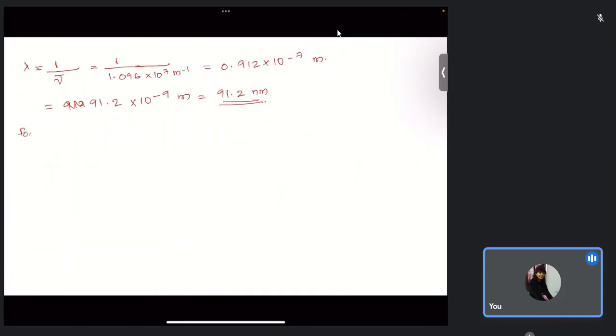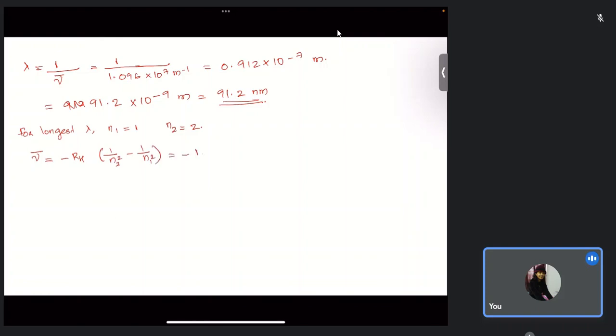For the longest lambda, n1 is always 1 because we are looking at the Lyman series, and n2 is 2. So nu bar is going to be minus RH times 1 by n2 square minus 1 by n1 square.